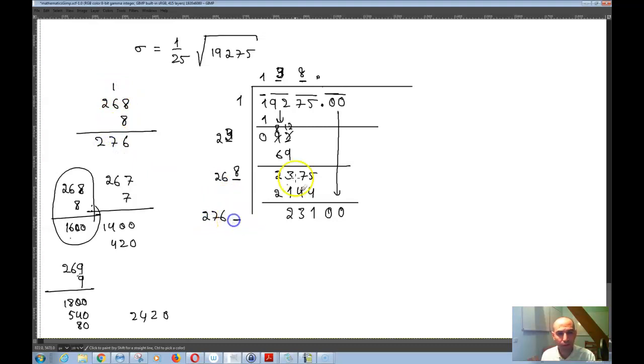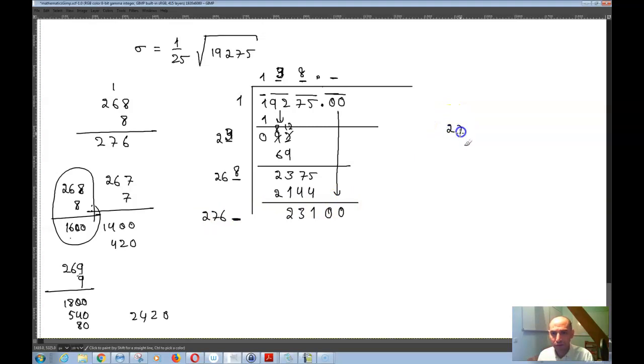276, 1 digit here, 1 digit here, and it will give you 23,000, you have 2,700. Taking this digit into account, 2,700, so it's around 3,000. 7 times, I would say, because 7 times 14,000, 18,000, 8 or 9 times.